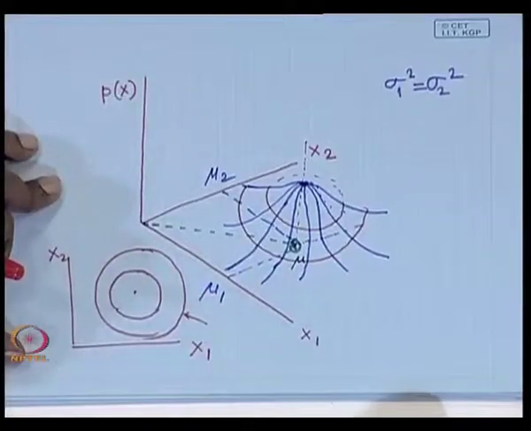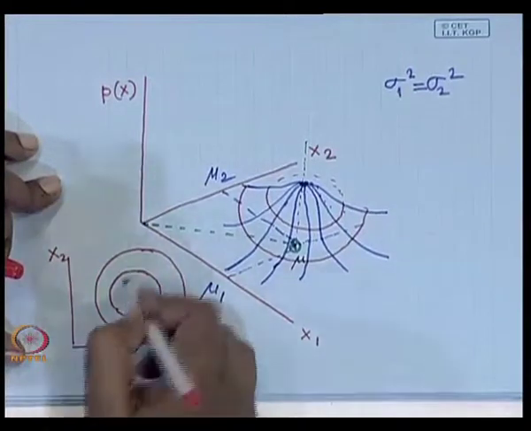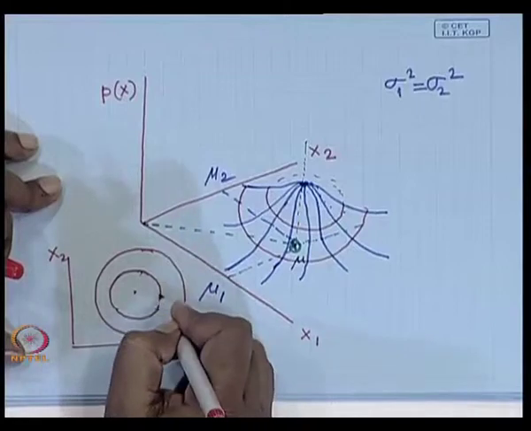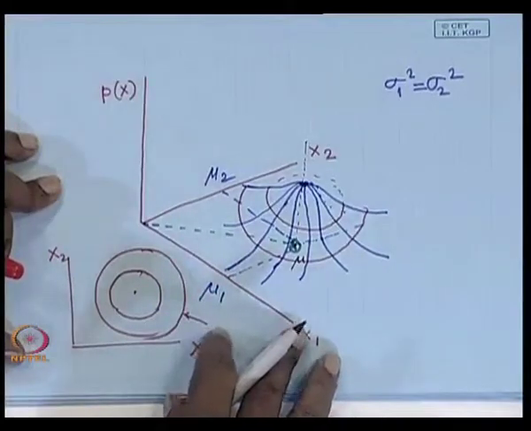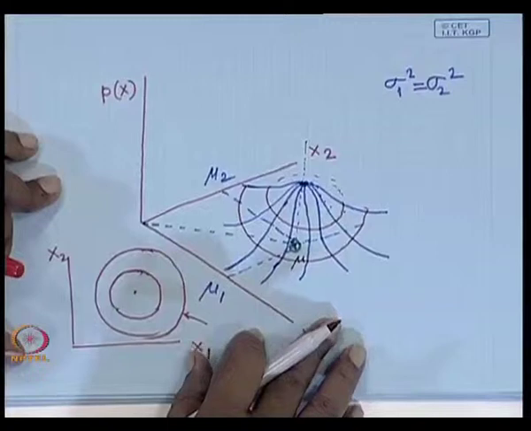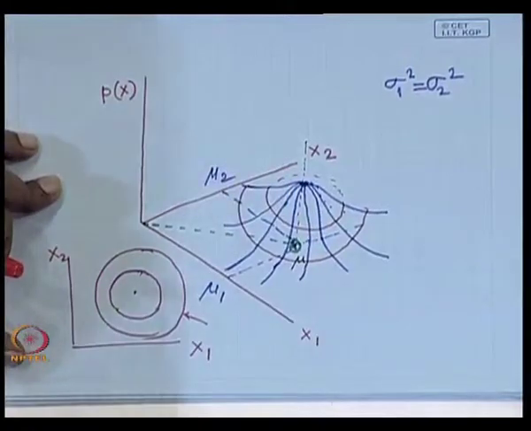As I move towards the center of the circle, the value of the density will increase. As I move away from the center, the value of the density function will go on decreasing. So that indicates that along this circle I have more probability of occurrence of the set of points which are drawn from a single population arbitrarily, or drawing of one sample does not depend upon the drawing of another sample. What does it mean?